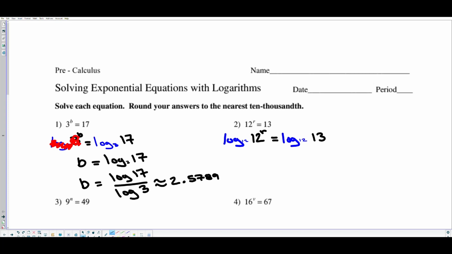What really happens, and some of you may have never heard me say this in class, is when we do this, we can use one of the power properties for logarithmic functions and bring the r to the front.